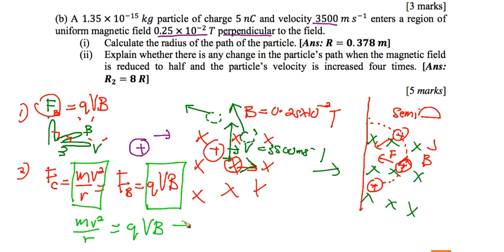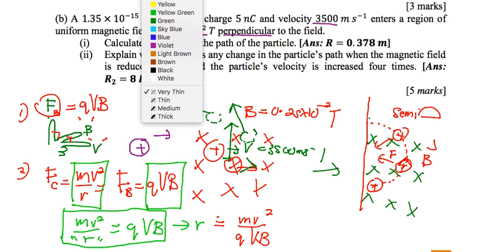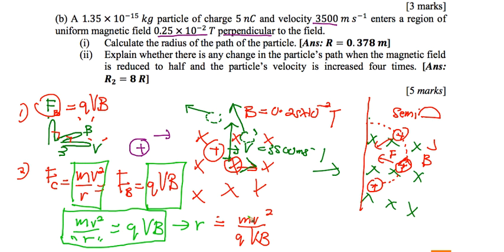From the combination of the formulas, you can find the value of r: r is equal to mv squared divided by QVB. Because V is the same value, r is equal to mv divided by QB.